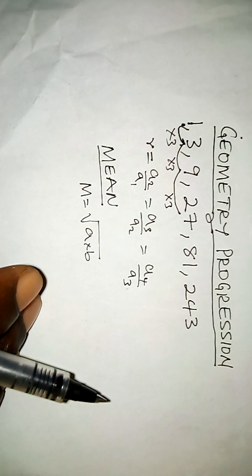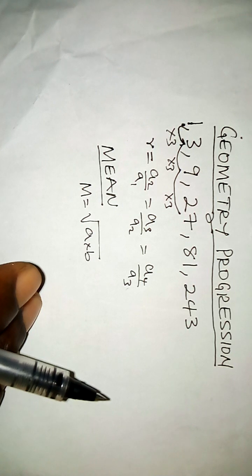Let's look for the geometry mean of the second term and the fourth term. That is the geometry mean between the second term and the fourth term.